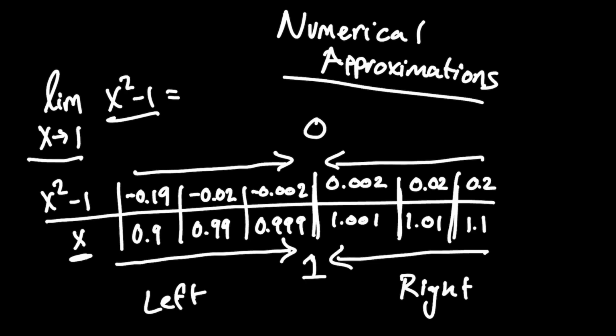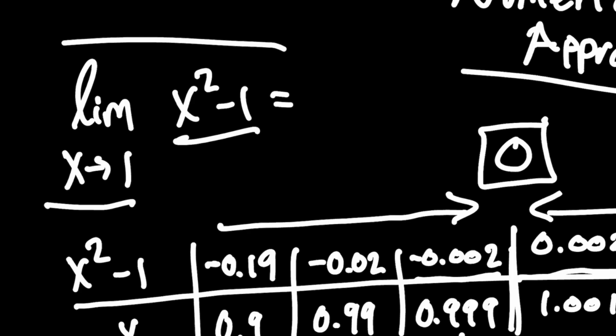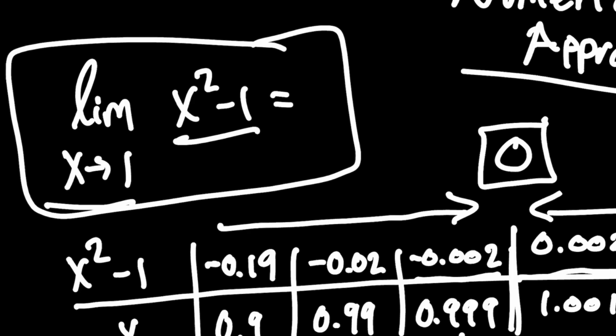We see that this number is getting really close to negative 0.002, and this one is getting really close to 0.002. It appears that our limit is getting really close to 0. Therefore, we can approximate the limit as x goes to 1 of x squared minus 1 to equal 0.